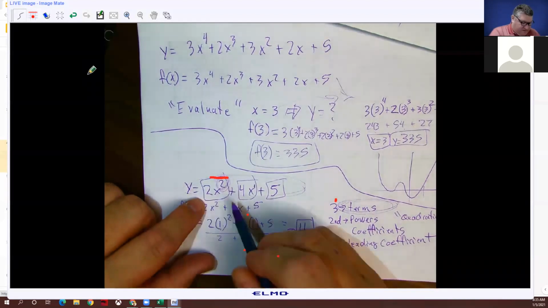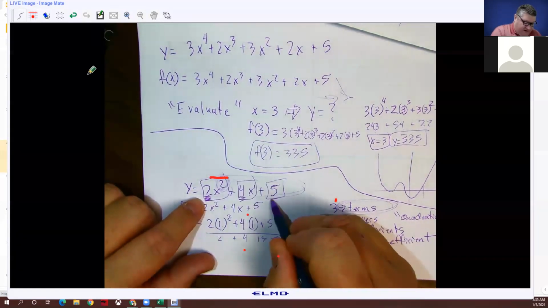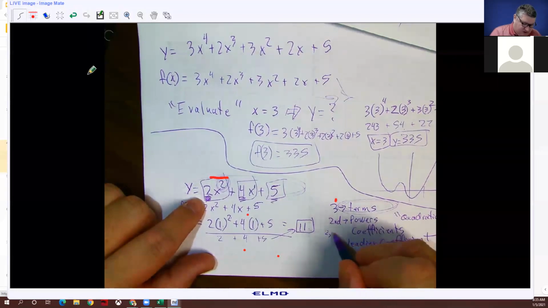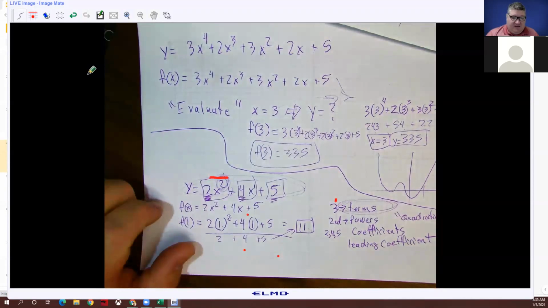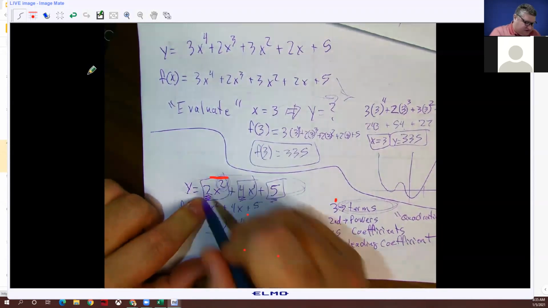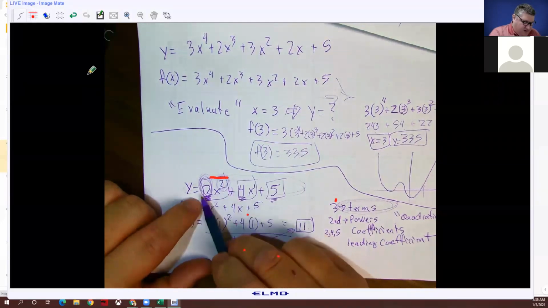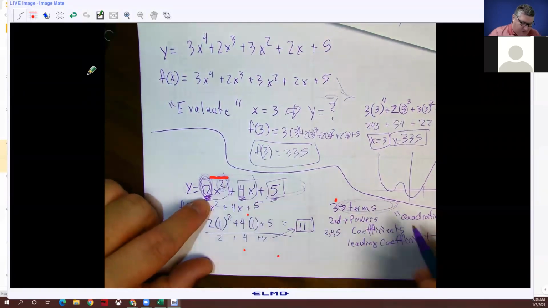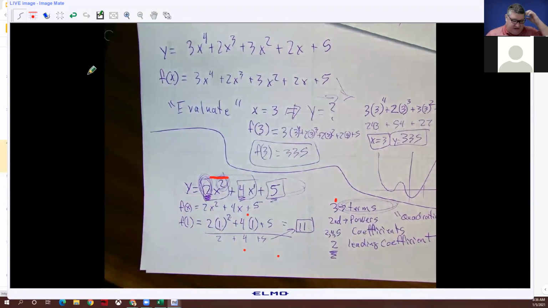Coefficients are the numbers in front of the x's. So 2, 4, 5. So the coefficients here are 2, 4, 5. And finally, the leading coefficient is the number that is all the way up front of the highest power. And so that would be 2 because it's in the lead.